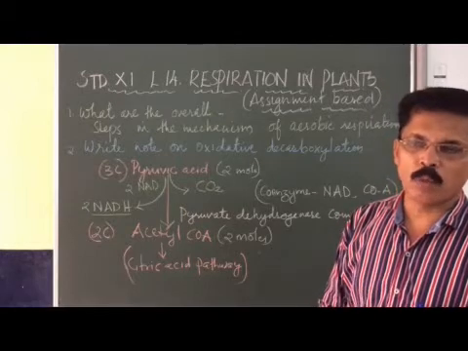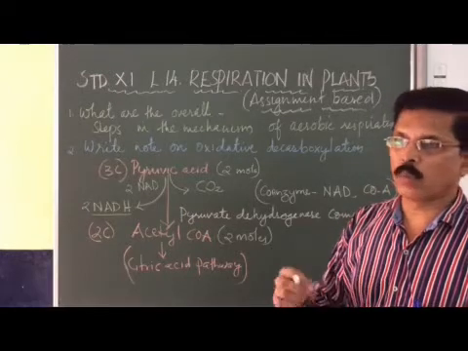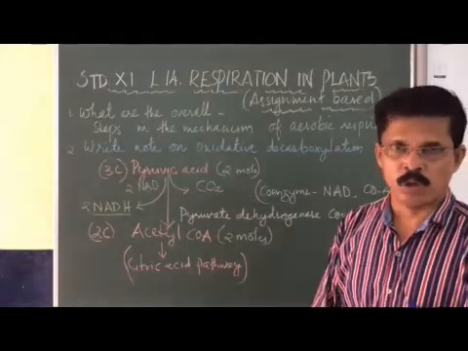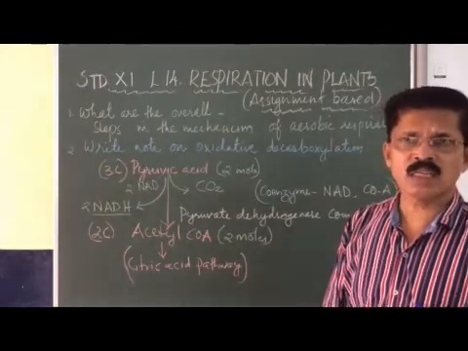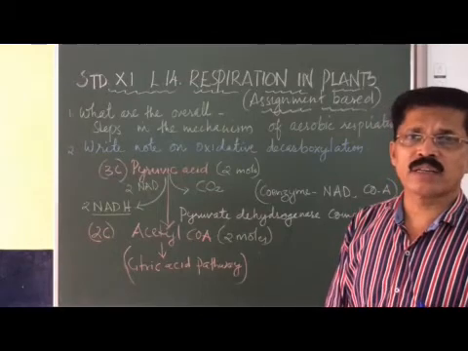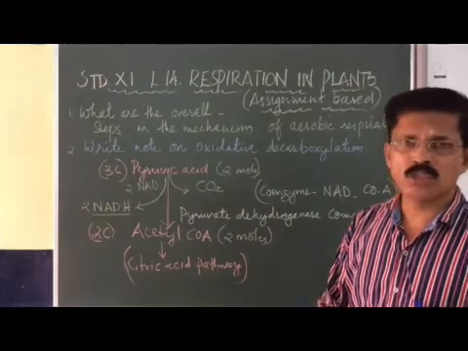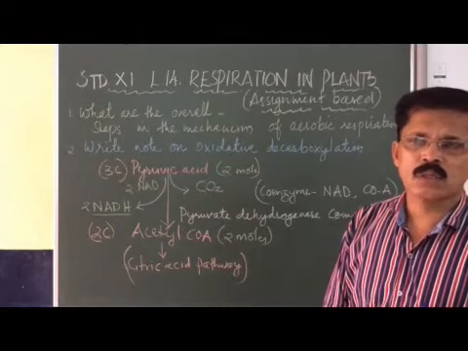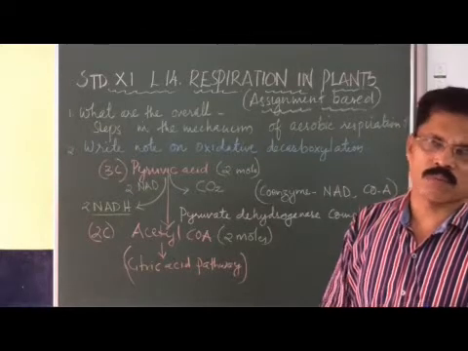Simply we say aerobic respiration is where glucose or pyruvic acid is broken down aerobically and releases carbon dioxide, water and energy in the mitochondria of the cell. But this is not the correct fact. Aerobic respiration includes many steps, nearly 4 steps.